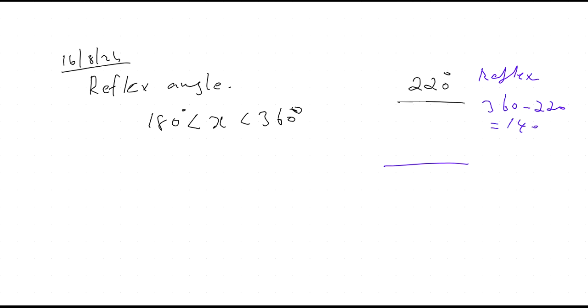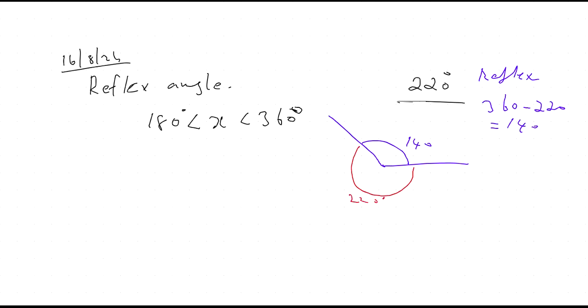You draw here this 180, use your protractor, and mark 140. Then what is the reflex angle you want? 220. Okay, listen. This will be the reflex angle 220. You got the answer, 220 degrees.